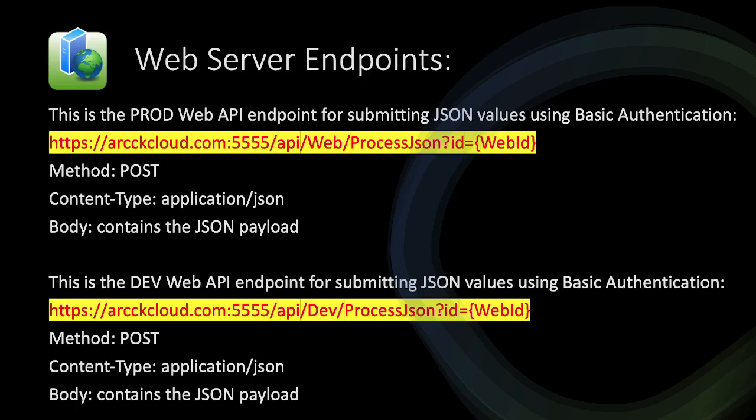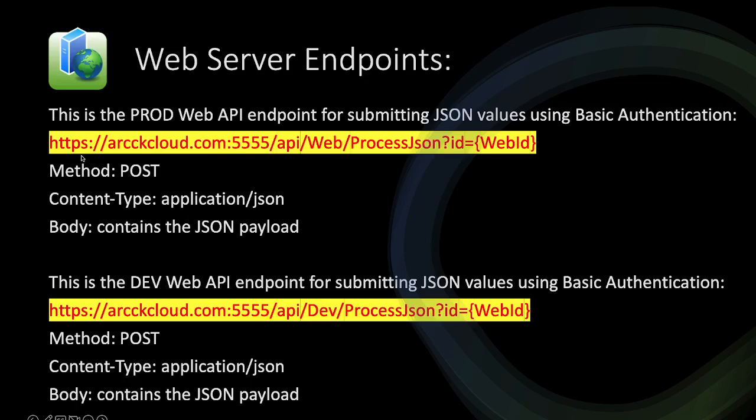So what are the endpoints? For the web server, when you put a web server connector in the orchestration designer, it exposes this particular URL. When you deploy the orchestration in production, you have this URL, which is served on port 5555.